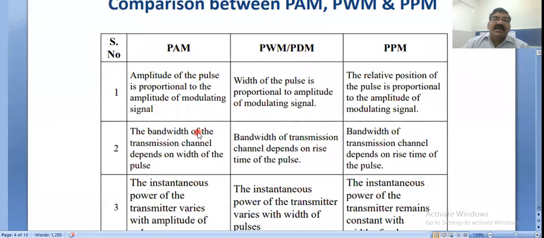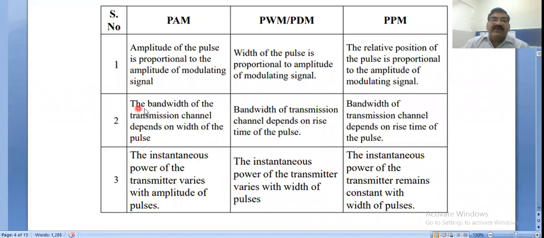Then next, the bandwidth of the transmission channel depends on the width of the pulse. If you comment on the bandwidth, what is the impact? The bandwidth of the transmission channel depends on the width of the pulse, so as the pulse width varies, the bandwidth will vary.